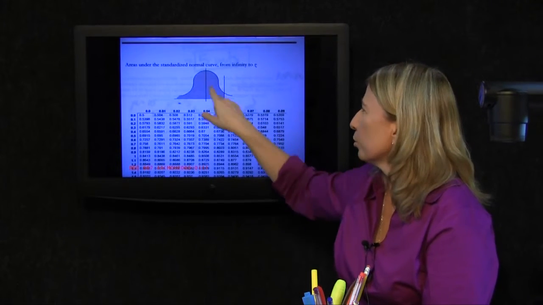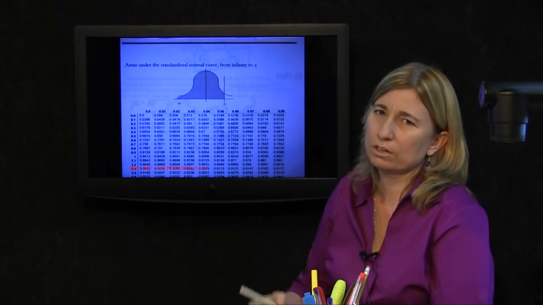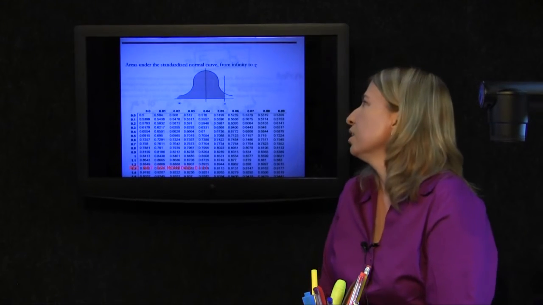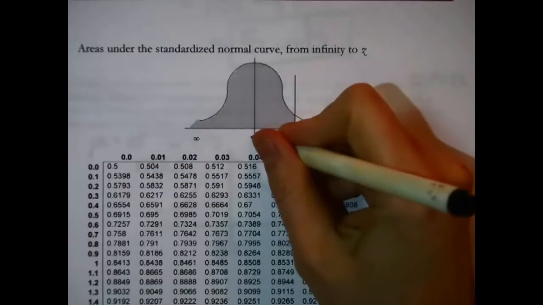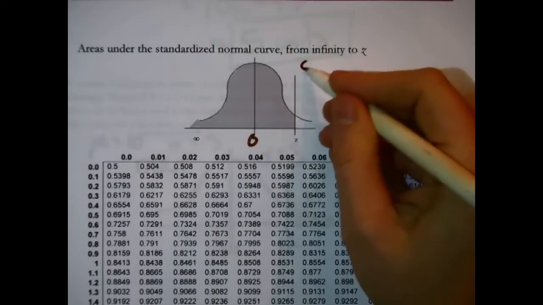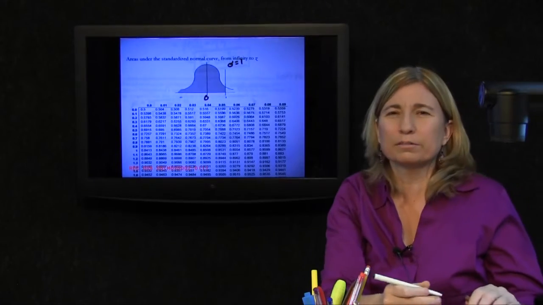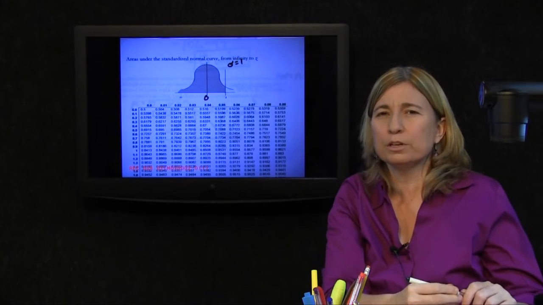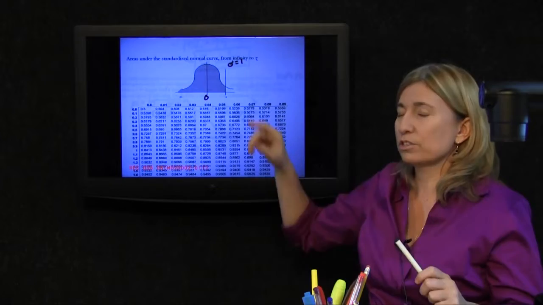But this normal curve up here is not a curve that has a mean of 10 and a standard deviation of 3. It is a standard normal curve. In a standard normal curve, the mean is 0 and the standard deviation is 1. You say, well, fine, but what good does that do me, because I'm working with a curve whose mean is 10 and the standard deviation is 3.